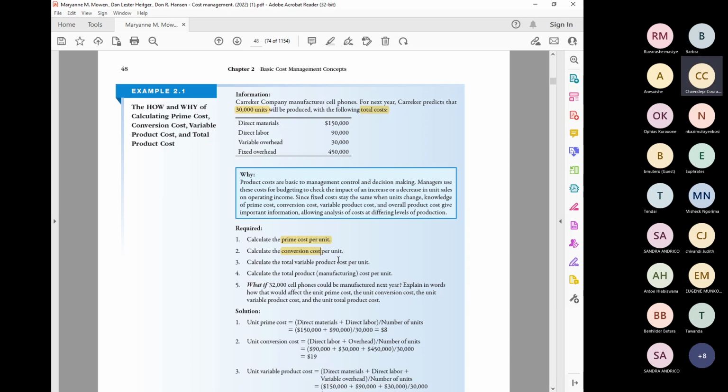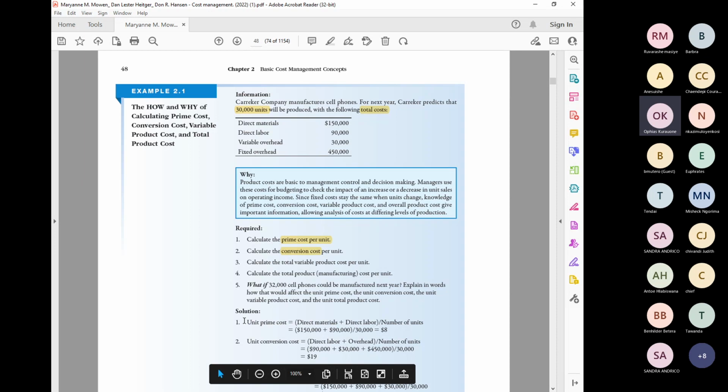Conversion cost per unit, you are now saying direct labor plus overheads divided by number of units. Okay, because we are now leaving out direct materials.